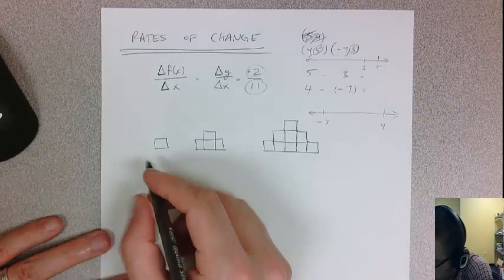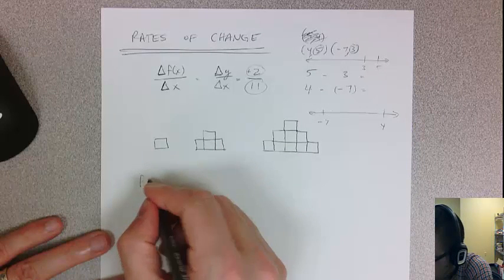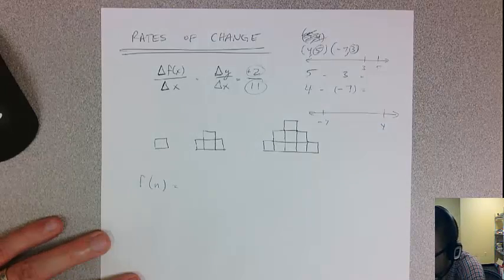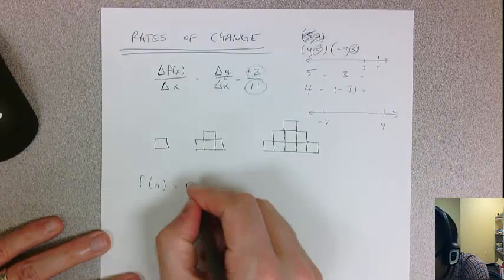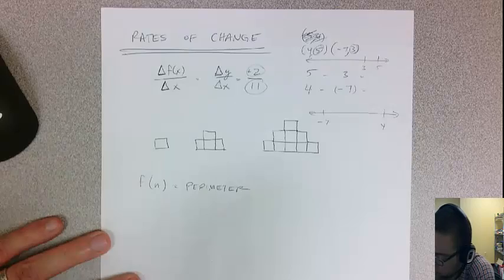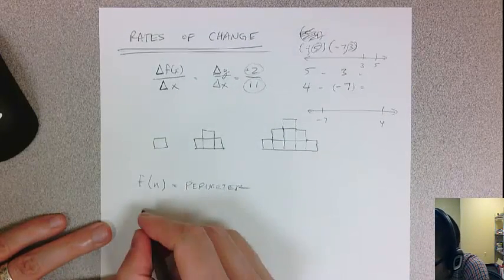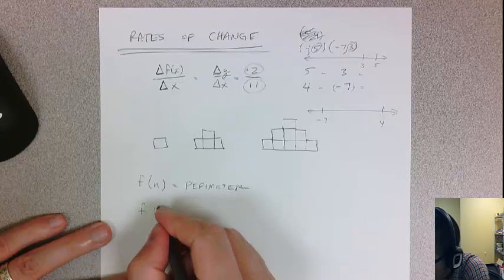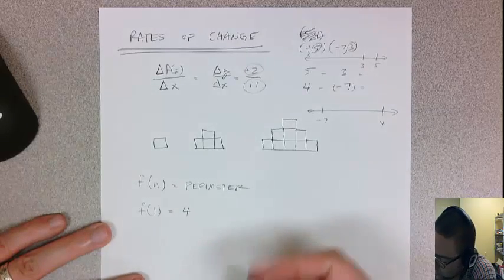So let's say we want to find the function of n, and we're going to say it's the perimeter of this shape, just the outside perimeter. Okay, so I can find some values for this. The first perimeter is pretty easy, it's just 4. So we'll call that f of 1. So my input is 1, and I get 4, right?